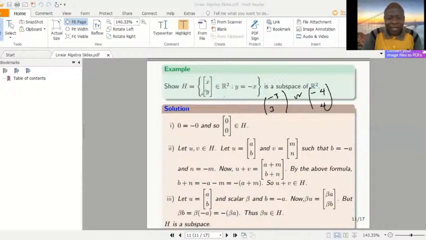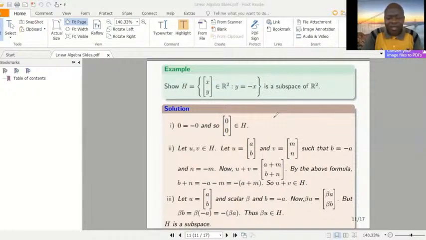That's what this question is telling us. So this vector will be in H, this vector will be in H, and several other vectors that obey this are in H.